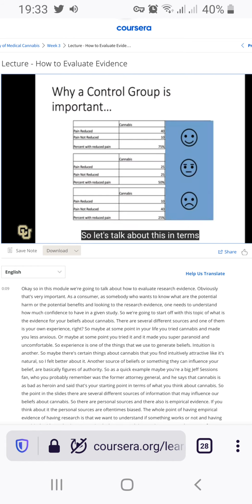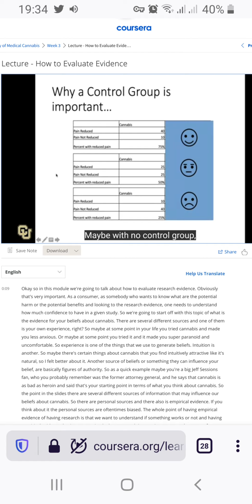So let's talk about this for a minute in terms of what a control group is and why it's important. And in that example previously, clearly there is no control group. So let's just think about how this might work if you're only basing it on your experience, like Amanda might be, versus an actual study with the control group. So here's an example, right?